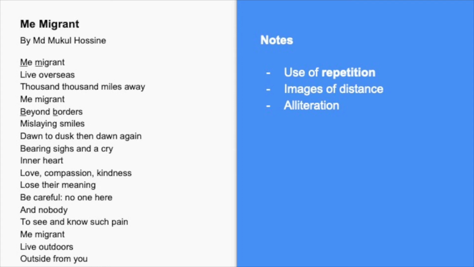And having short lines maybe illustrates how he finds it very difficult to emotionally process what he's going through, and all he can really do is describe the situation he's in.